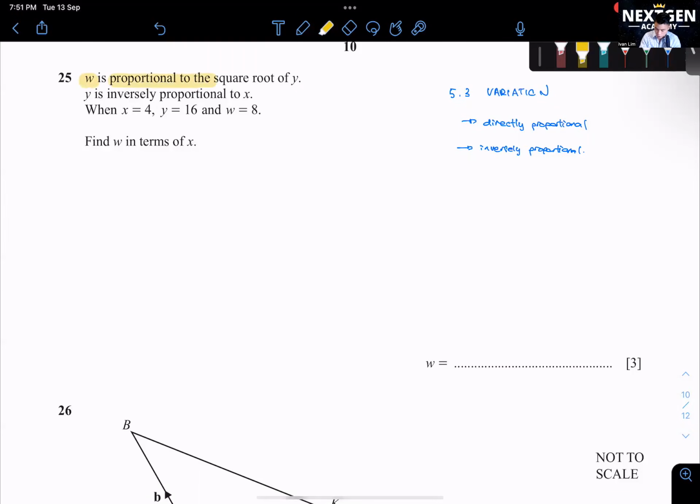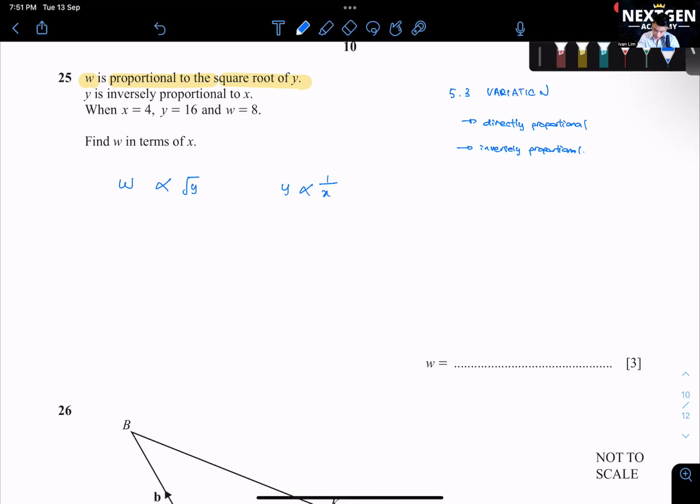W is proportional to the square root of y, but y is inversely proportional to x. Okay, this one we can write it like this. Y is inversely proportional to x.